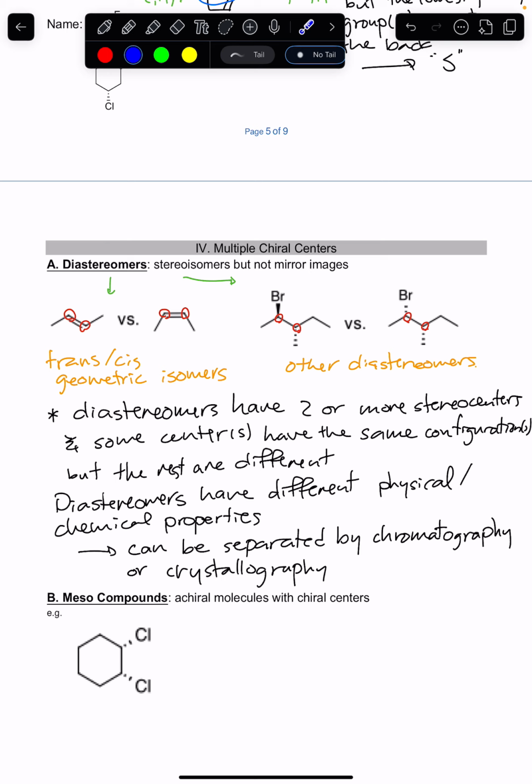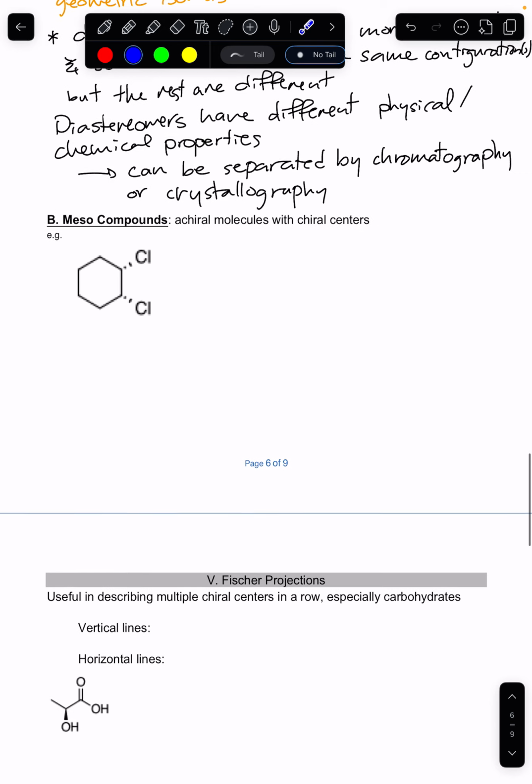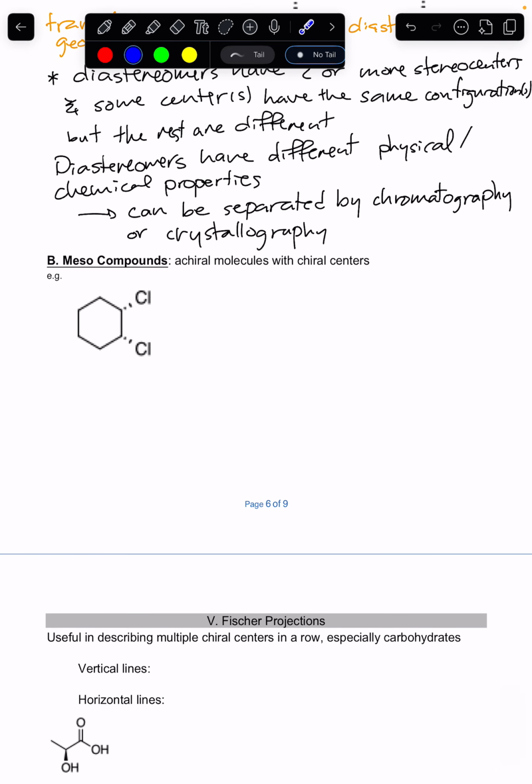So that makes these two diastereomers of each other. Okay. And we'll come back to this idea that diastereomers have different physical and chemical properties, and so you can separate them. That's going to be a key idea we'll talk about a little later. So please remember that.